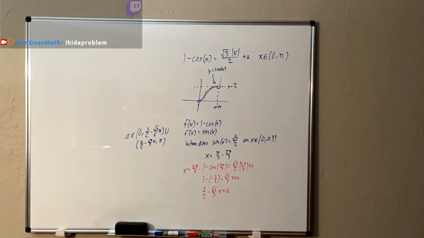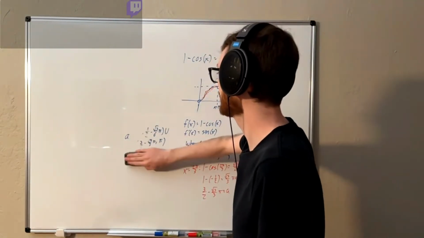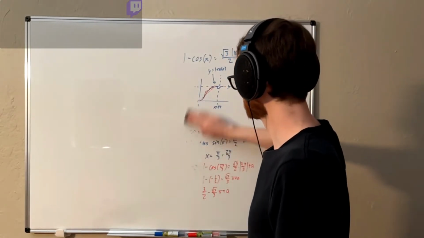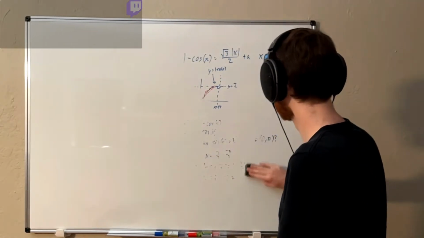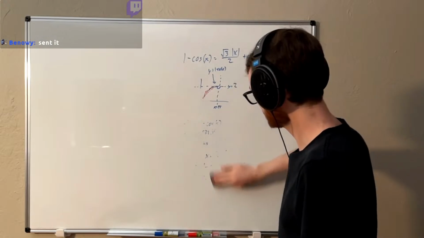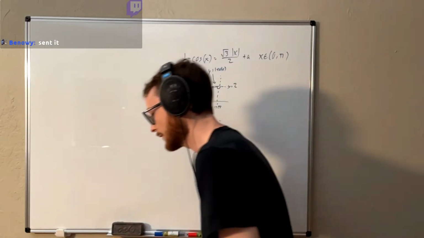So you have minus 343 to the power of 1/3.